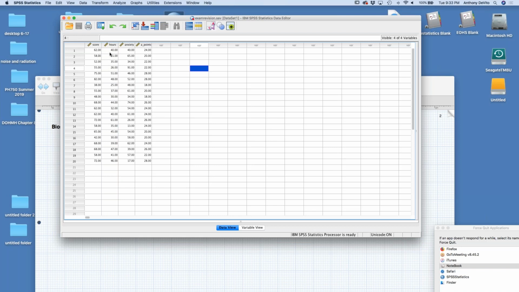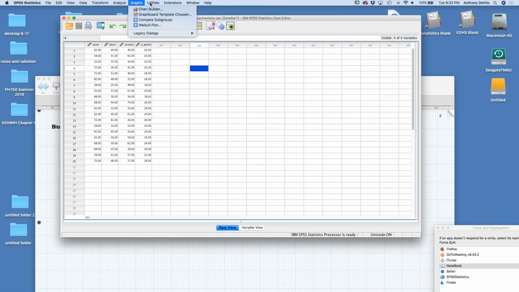Since these are numerical variables, each row represents two values, a point on an XY graph. This might be the x-axis, this might be the y-axis. So I'm going to plot those two variables.